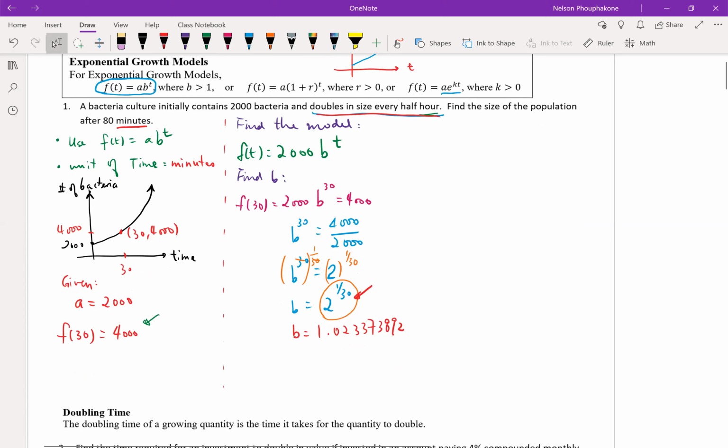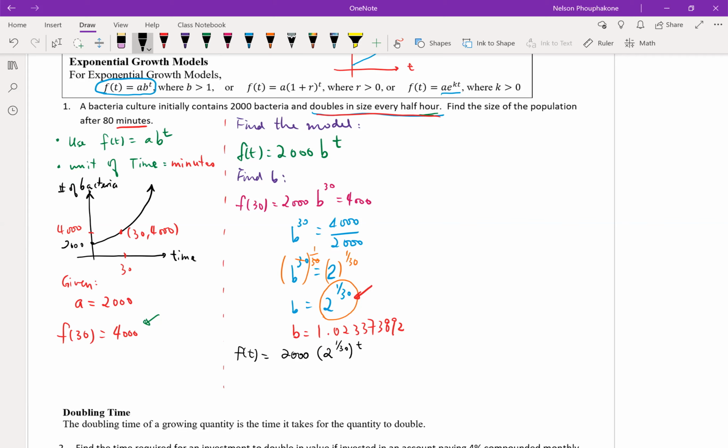now I have these two models now. Okay. So let me write that. So I will have, again, I have f of t equal to 2000 times 2 raised to the power of 1/30 and then raised to the power of t. This is b, right?